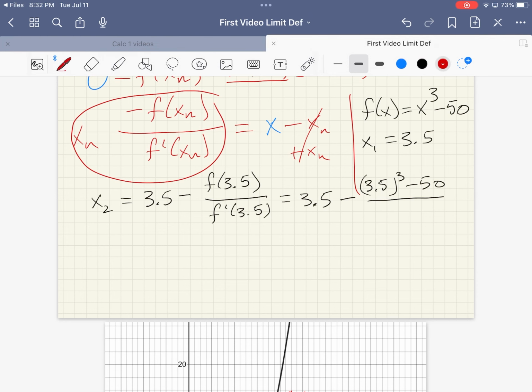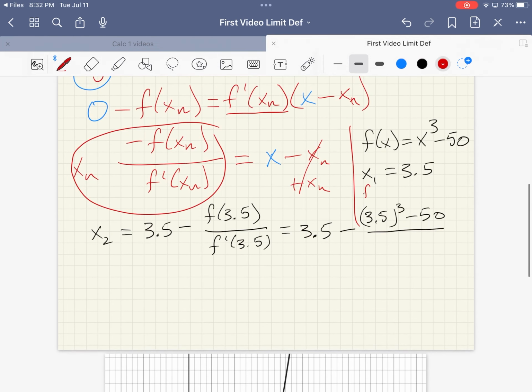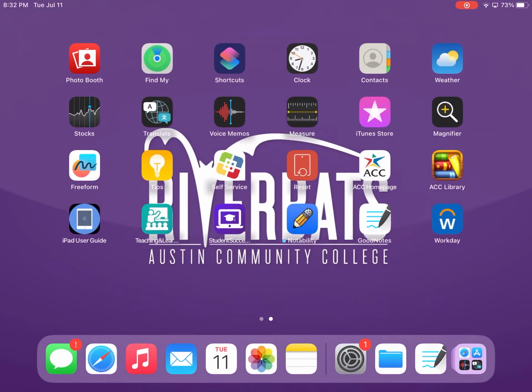I didn't write that down, but I will here. The derivative of this, f prime of x, is equal to 3x squared. So then all I have to do here is say 3 times 3.5 squared, and that will be my next value.